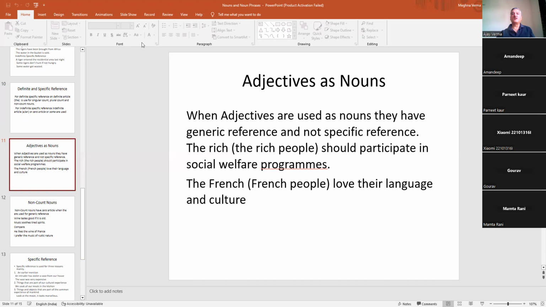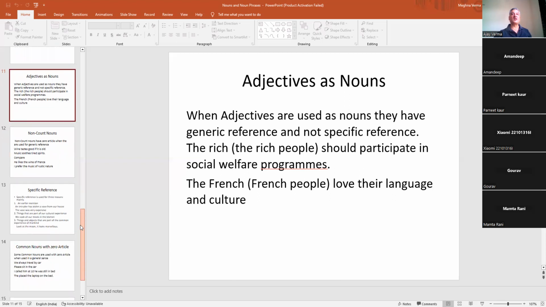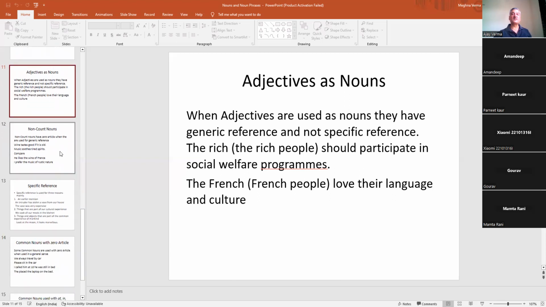So look at these two sentences. The rich. The rich, by that we mean the rich people. The rich should participate in social welfare programs. Or the French love their language. By the French, we mean the French people. So when adjectives are used as nouns, the reference is specific.